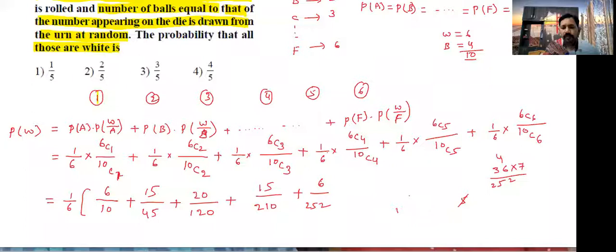Next, the last one, 6C6, how much? 1 by 10C6. 10C6 means that is 10C4. 10C4 value how much? 210. So take the LCM and calculate, you will get the answer. Okay?